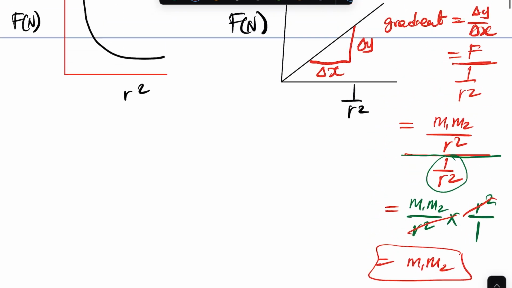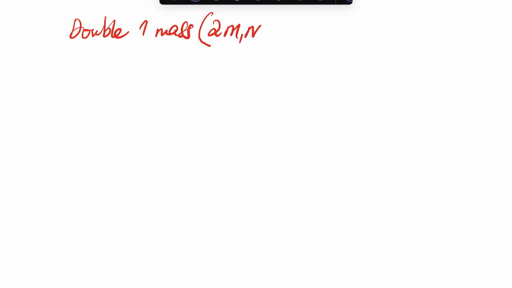And with the universal law, let's look at the proportionality question. The proportionality question is when, let's say you double one mass. So this simply means that when you double one mass, it's going to be 2m1 times m2, and the distance remains the same. And the question is, what will be the new force? The force between the two objects is F, right?